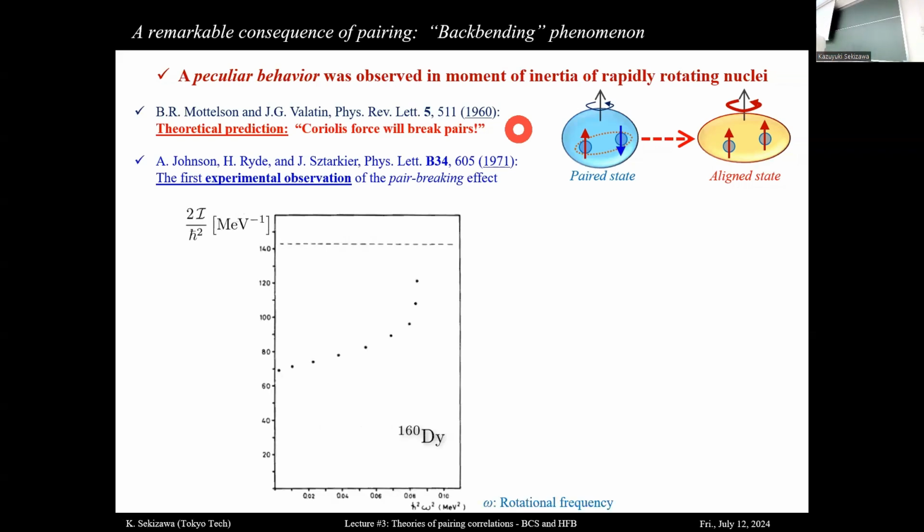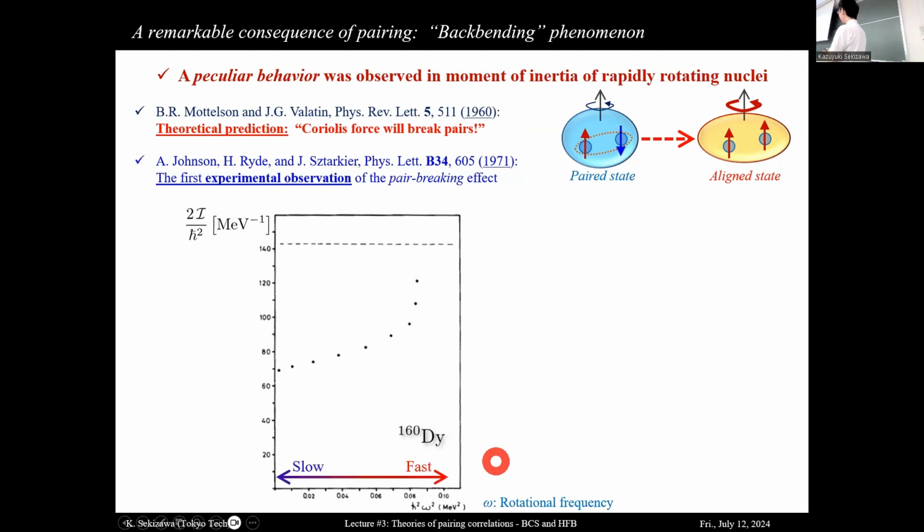Okay, and this is the first experimental data, I think. This was published in 1971. This is the case of the deformed nucleus dysprosium-160. This figure shows the moment of inertia I, with some factor, as a function of (ħω)², where ω is related to the rotation frequency.